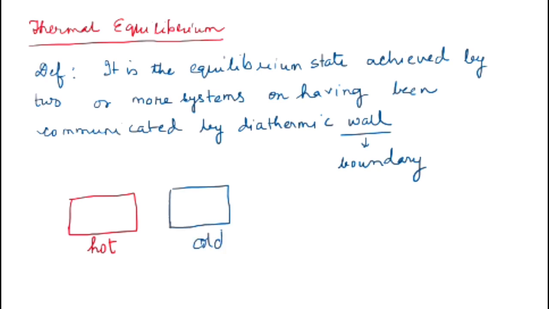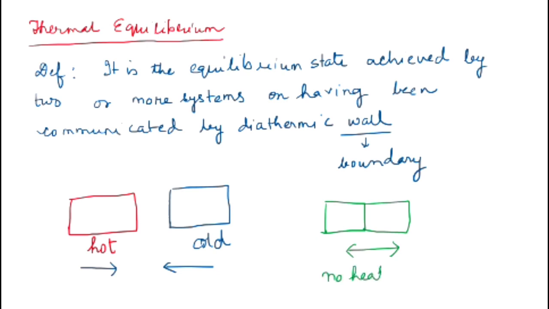Now if these two objects are in thermal contact, the hotter object and the cooler object will exchange heat, and the heat exchange will take place until no further changes take place. So heat exchange will stop as soon as the heat content of both systems is the same. That state is known as the thermal equilibrium state.